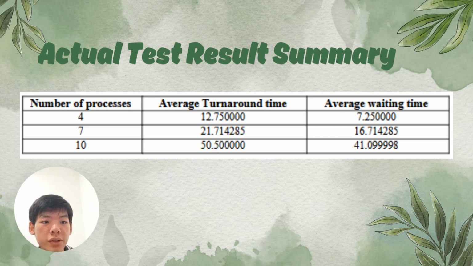For 7 processes, average turnaround time is 21.714285, average waiting time is 16.714285. For 10 processes, average turnaround time is 50.5, and the average waiting time is 41.099998.